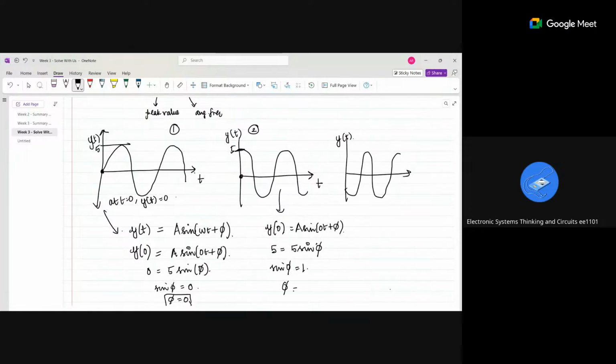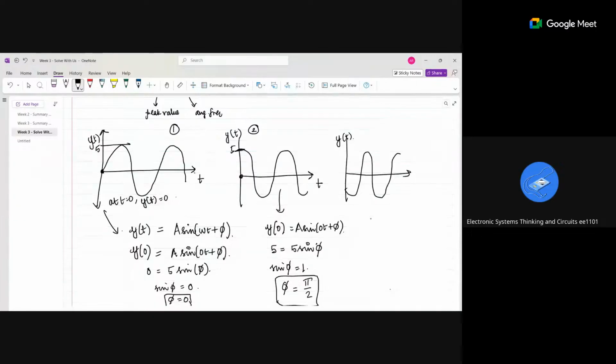What is phi? Pi by 2. Yes. So basically, the value of phase is found by this substitution of 0 method.